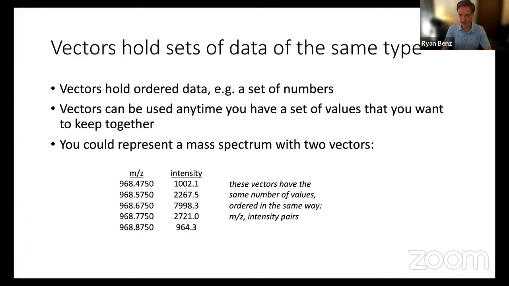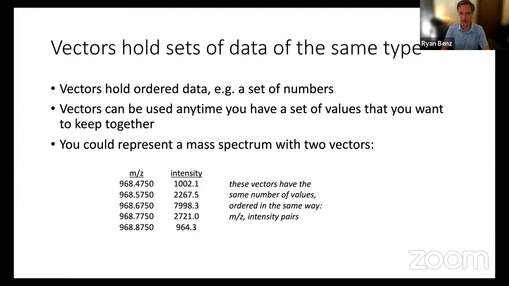Let me give you an example that you're probably familiar with, working with mass spectrometry data. In mass spec data, we often look at M/Z values in a mass spectra as well as intensities. And there is an order to these things, and there is a relationship between these things. So one way in which we could represent a mass spectra is to use two vectors.